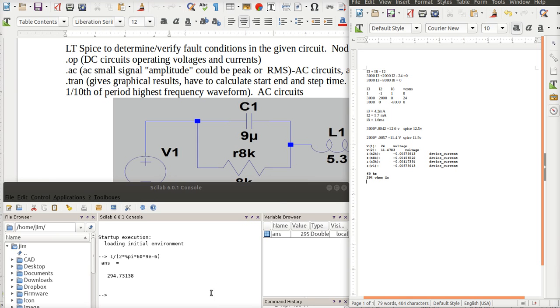Have to do the same thing for the inductor. I have another formula for it, and the inductive reactance is 2 pi times frequency times the inductance. It's not a reciprocal, it's just a straight out multiplication. So it's 2 times, and got to do the pi thing again, times the frequency times my inductance, which is just 5.3.